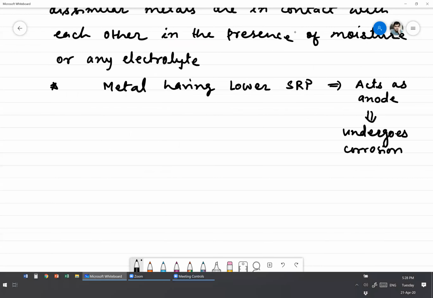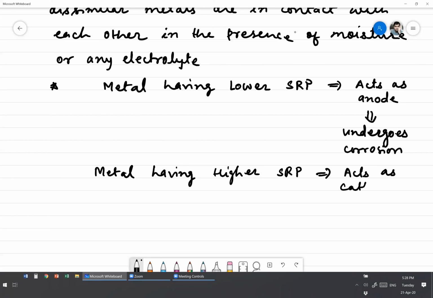And the other metal, the metal having higher standard reduction potential, acts as cathode and remains protected. Nothing happens to that metal.